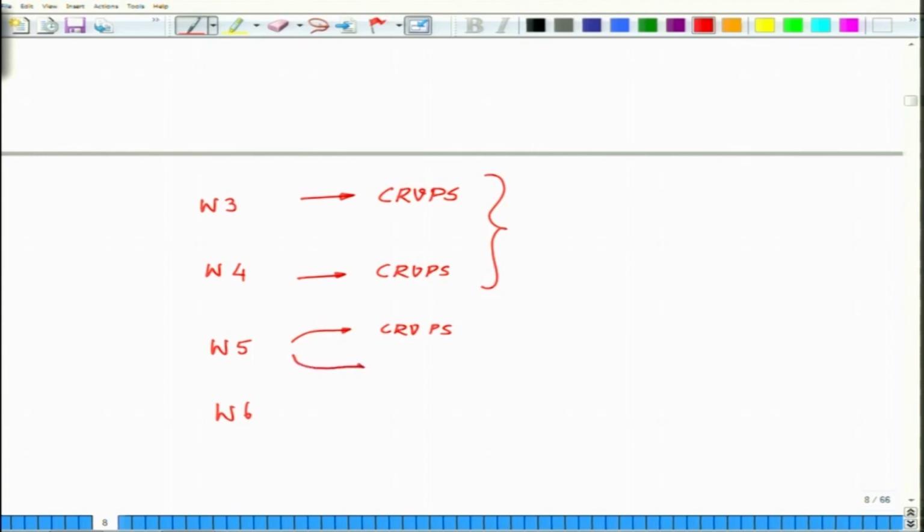Part of it will be in the annual production sector, then week 6, week 7 and week 8. So, this is basically an 8-week course.